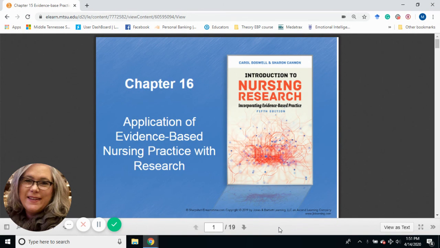So your objectives for this chapter are: number one, synthesize key components from evidence-based practice nursing and research utilization to drive the provision of quality nursing care. Number two, demonstrate proficiency in one component of evidence-based practice using the principles of the research process and evidence-based practice appraisal.